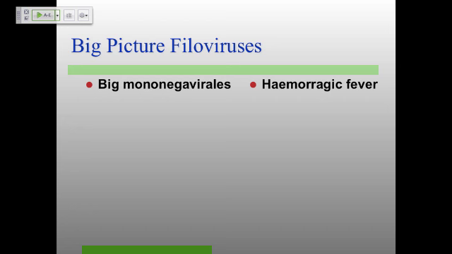There are some very interesting differences, which may be why they cause these really nasty diseases, at least in humans. As far as we can tell, that's actually not the normal reservoir species. This is true for many of these viruses that cause nasty diseases.